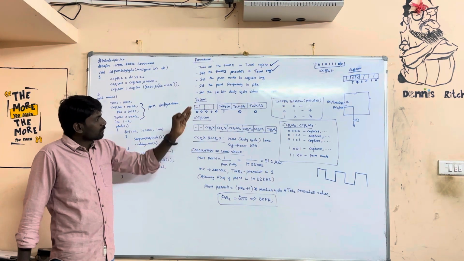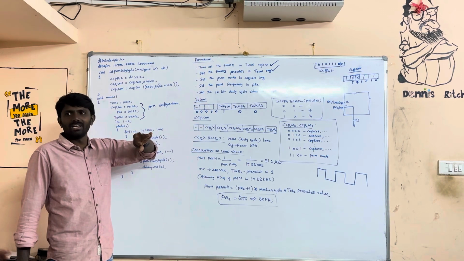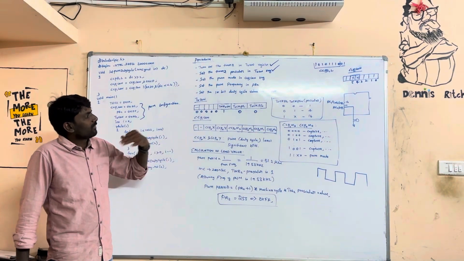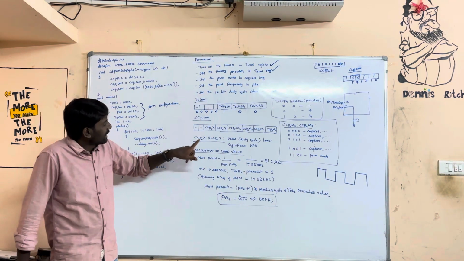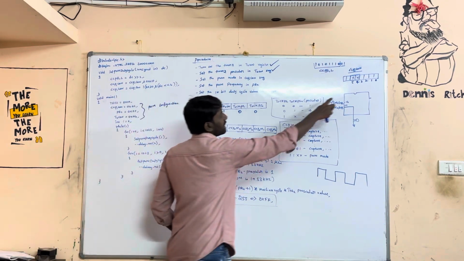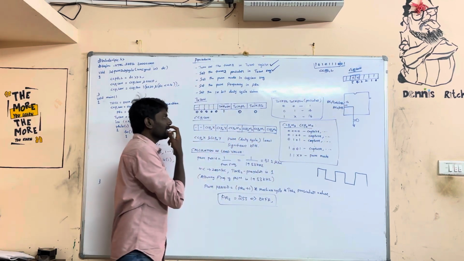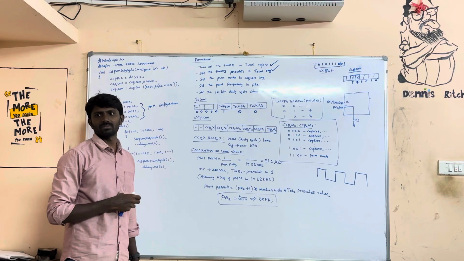So it can be used for capture purpose, it can be used for comparing purpose, it can be used for PWM purpose also. What we are using here is PWM. So you see here, these 4 bits are used to configure these 2 pins for PWM purpose or capture purpose or compare purpose.